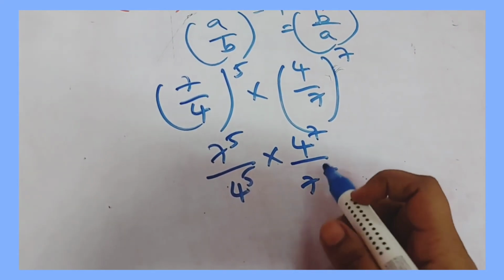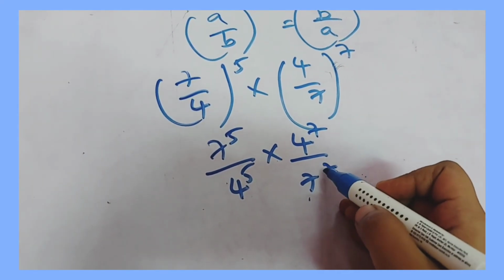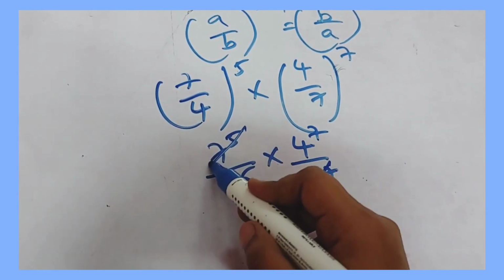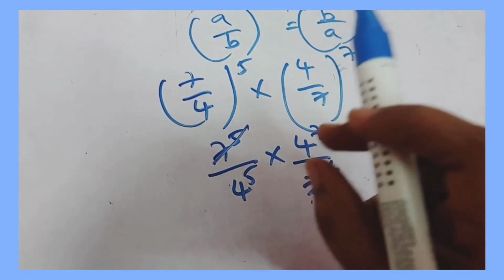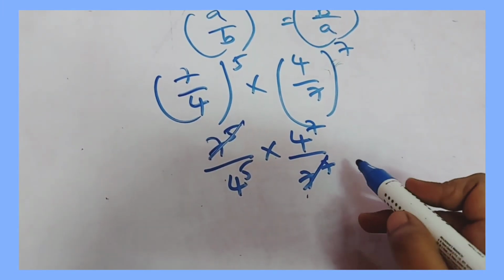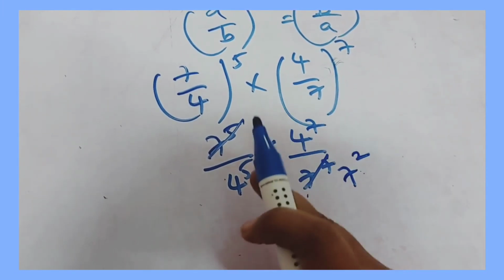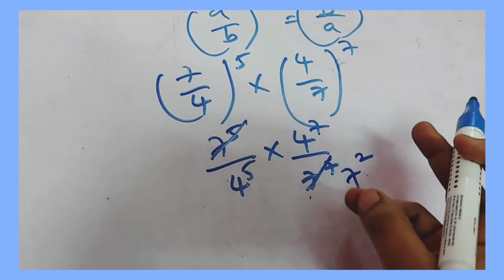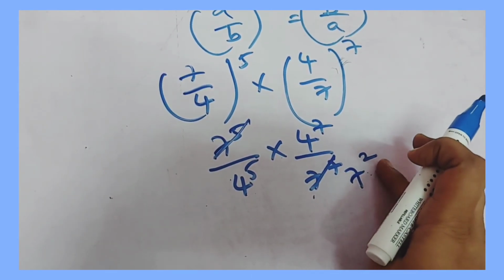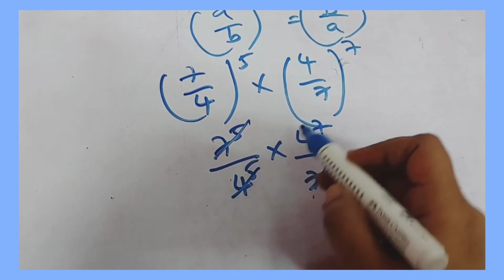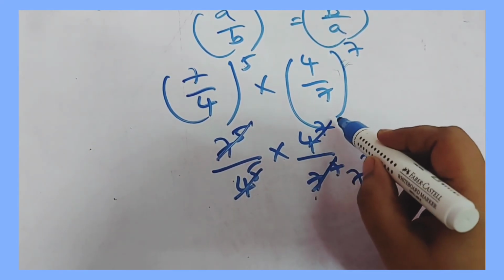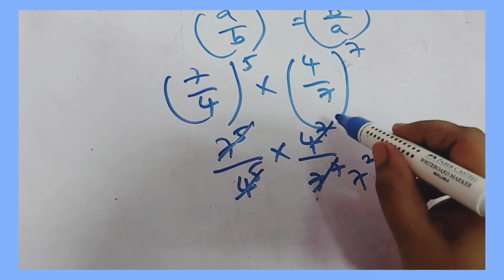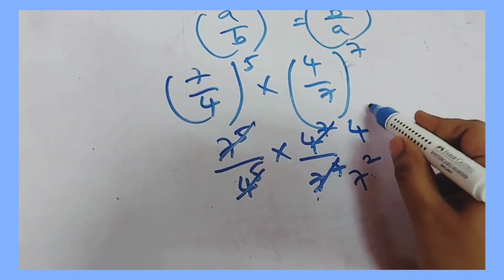If you cancel this 7 power 7 and 7 power 5, what is left here? 5, 6, 7. 7 power 2 is left here. If you cancel the 4 power 5 and 4 power 7, 5, 6, 7, 4 power 2 is left here.